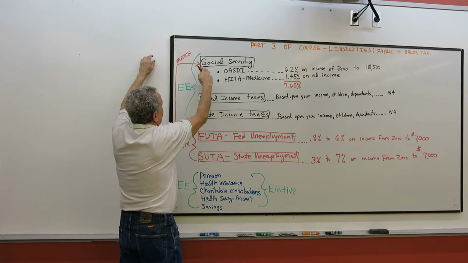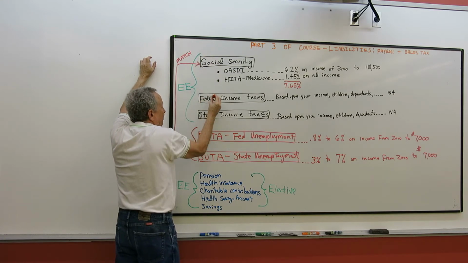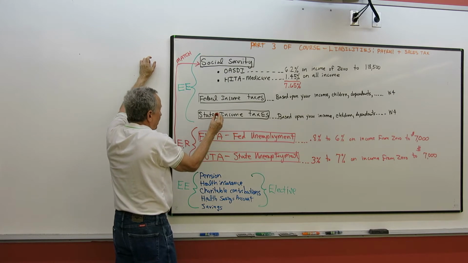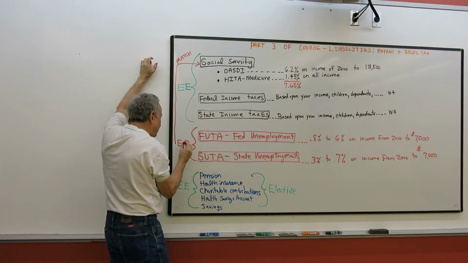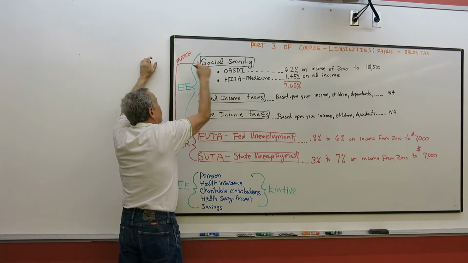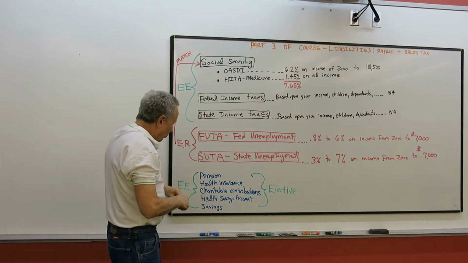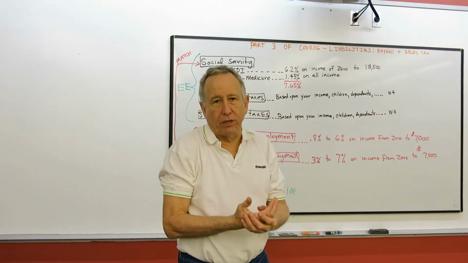So what I'm saying is, see this in green? You, the employee, pay the Social Security, federal income taxes, state income taxes. The employer pays FUTA, SUTA, but then the employer has to match whatever you pay to Social Security taxes.